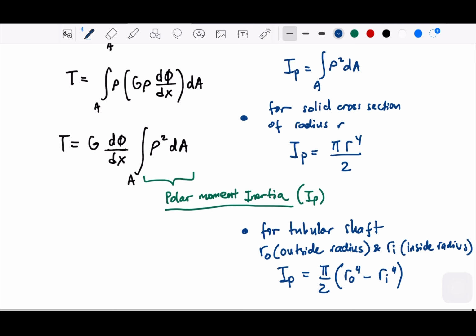Okay. In short, this torque we can write as the twist rate equal to T over G and inertia. P is for polar, so inertia polar, or polar moment of inertia.